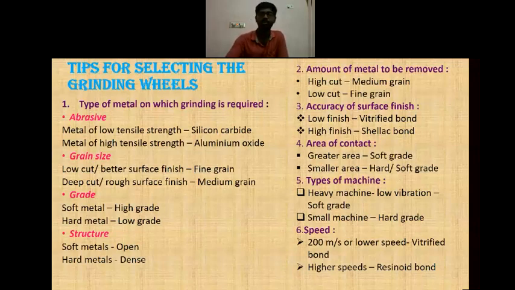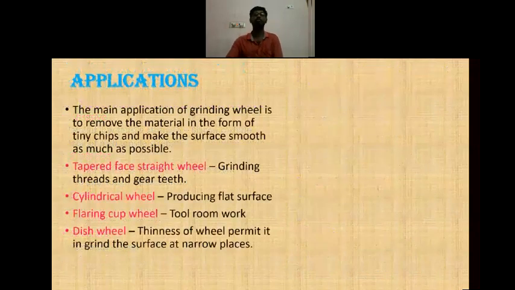For example, for greater area of contact, you can choose a soft grade grinding wheel, and for accuracy of surface finish, a vitrified one will give a low finish surface on the workpiece material, and a shellac bond grinding wheel will give a high finish surface of the workpiece. And some other tips are also shown.